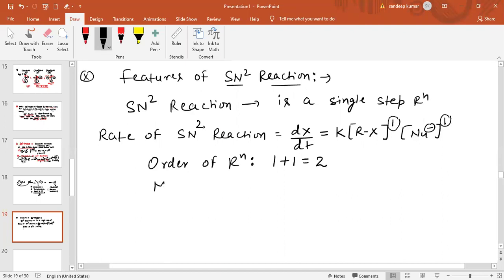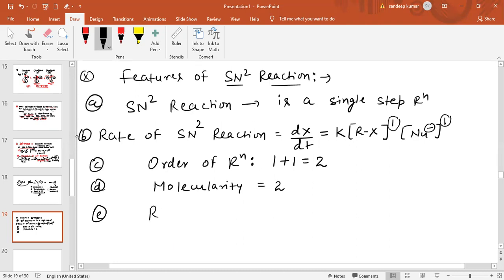And the molecularity of the reaction is also 2. So this is the first feature, this is the second, this is third, and this is fourth. Now see the next feature of this reaction.